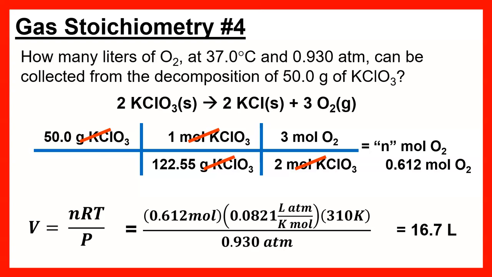Now this should make sense, right? Yeah, the pressure's a little bit lower, so it should take up a little more space. And that temperature's a lot higher, isn't it? It should take up even more space.